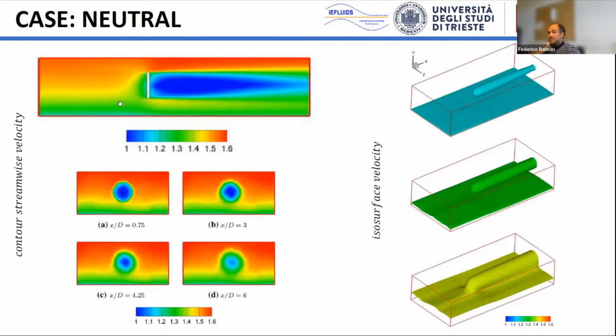So here is the first case, in which we set a neutral condition for the density field, and the marine turbine was set exactly at half of the height of our channel.